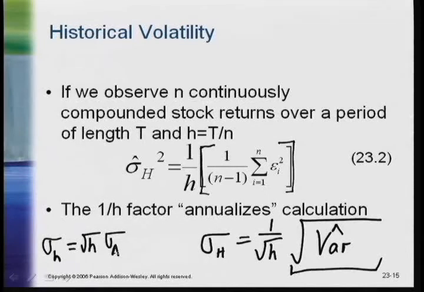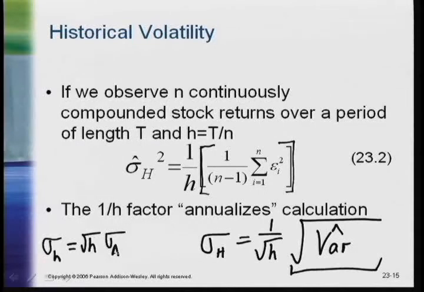So here we're calculating the annual from the period variance, so we're dividing by the square root of h, versus in our modeling, we're usually starting with the annual volatility and trying to create a subperiod volatility. So notice very carefully how this is done, that the period returns, we calculate the variance of them, and then we annualize the variance by dividing by h.